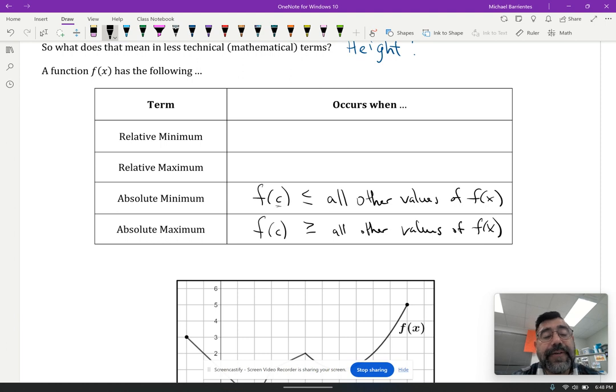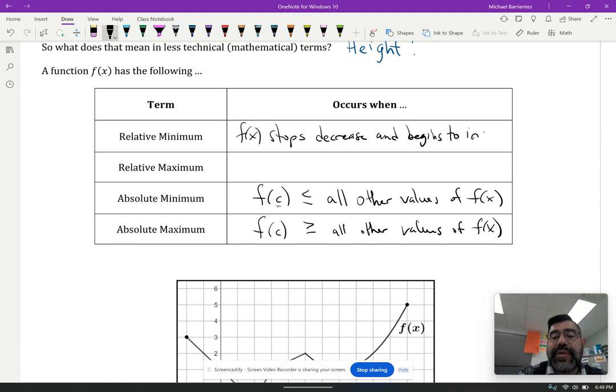But how are we going to define relative mins and maximums? We can say, oh yeah, we'll just look at a window, and if it's the highest point, then awesome. But there has to be a better way. And so we're going to say when f of x stops decreasing and begins to increase, right?